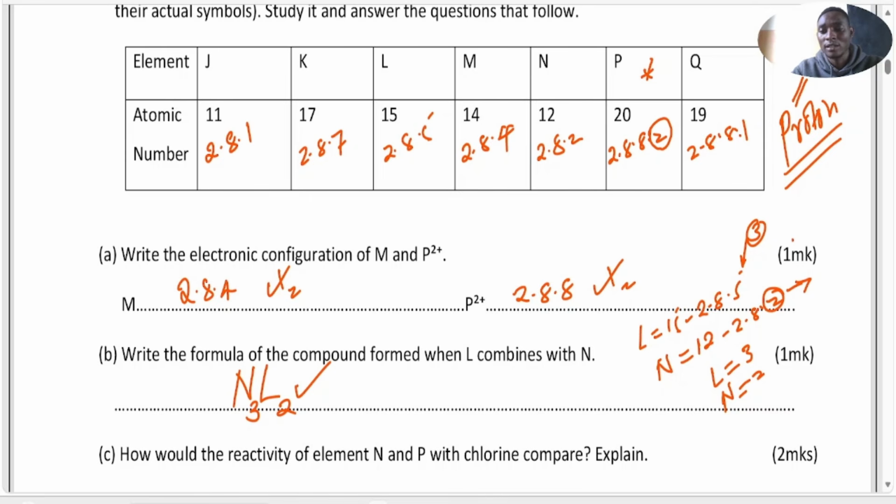For instance, we understand that L is phosphorus and N is magnesium. So I can still write the formula Mg3P2 and still score the mark.